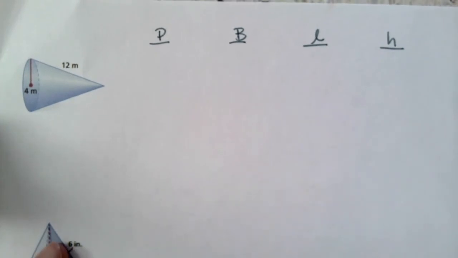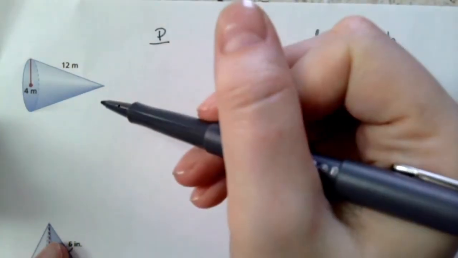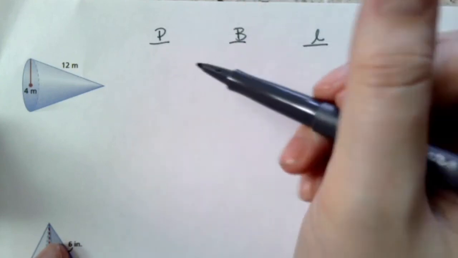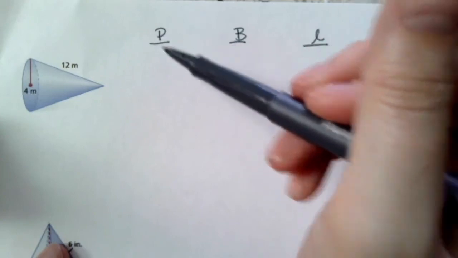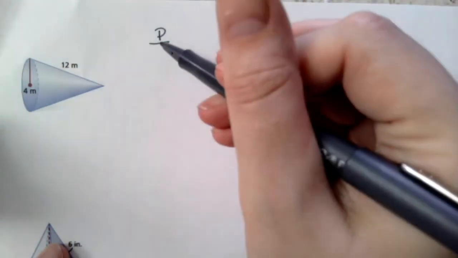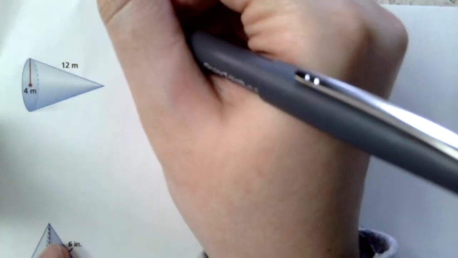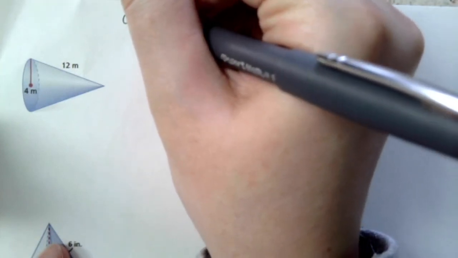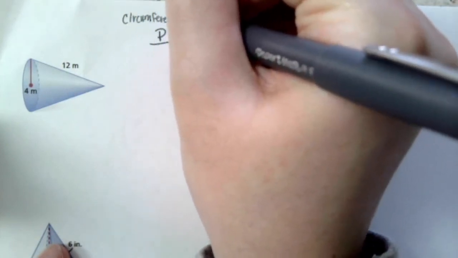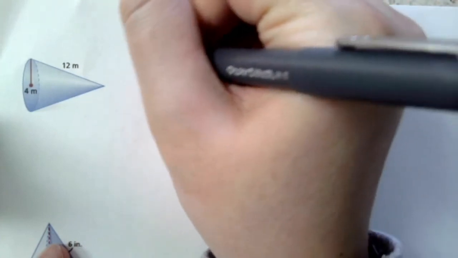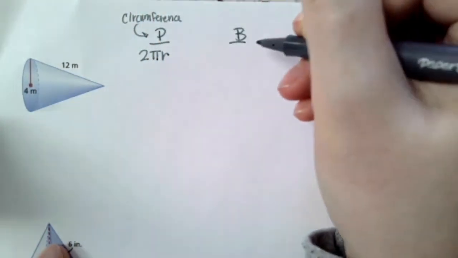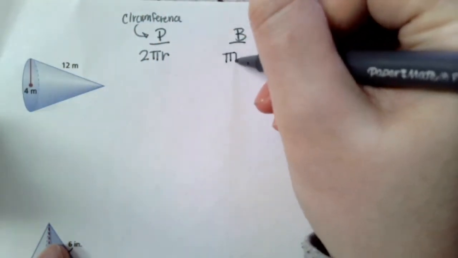And the only difference of a cone versus the pyramid is that the base is a circle. So you're going to have to use a formula for both perimeter and area. Perimeter, remember, is the same thing as circumference. So we use the formula 2 pi r, and area is pi r squared.